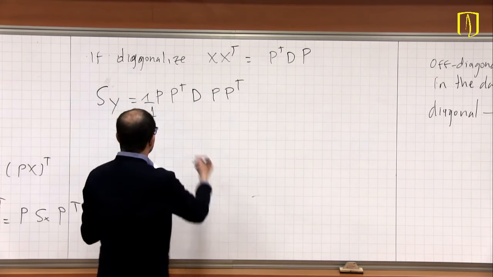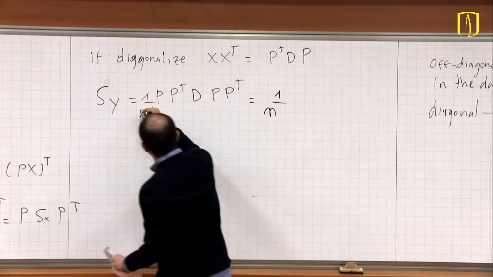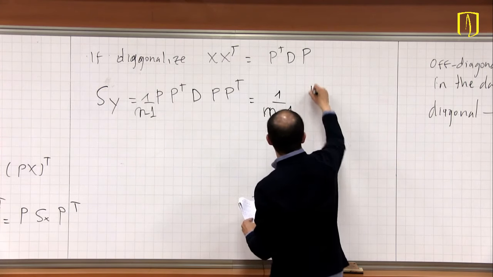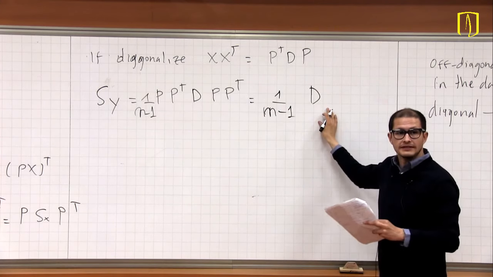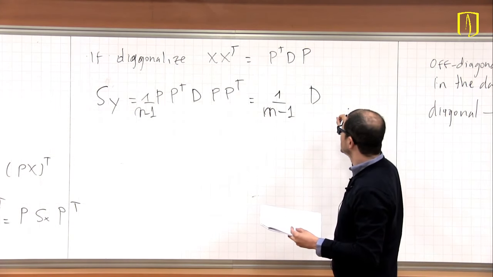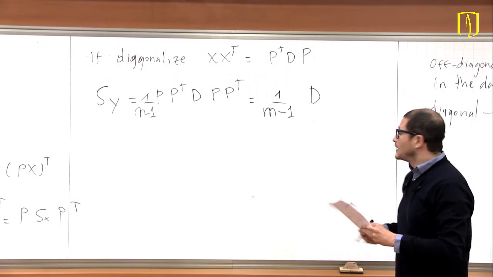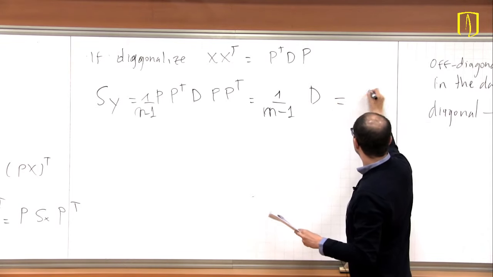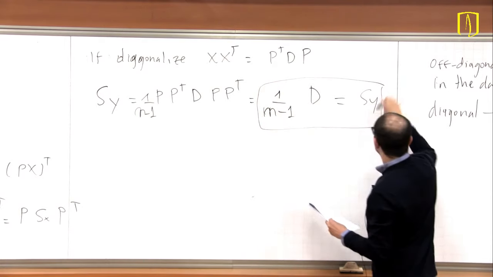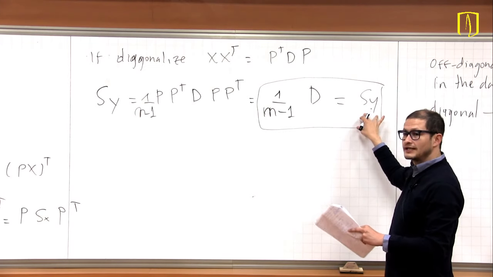And so we get 1 over n minus 1 times this matrix D. The leftmost term should be P S_Y P. Oh no, it says Y, that's fine. With this we achieved what we wanted, which was to find a new basis set where the data set looks uncorrelated.